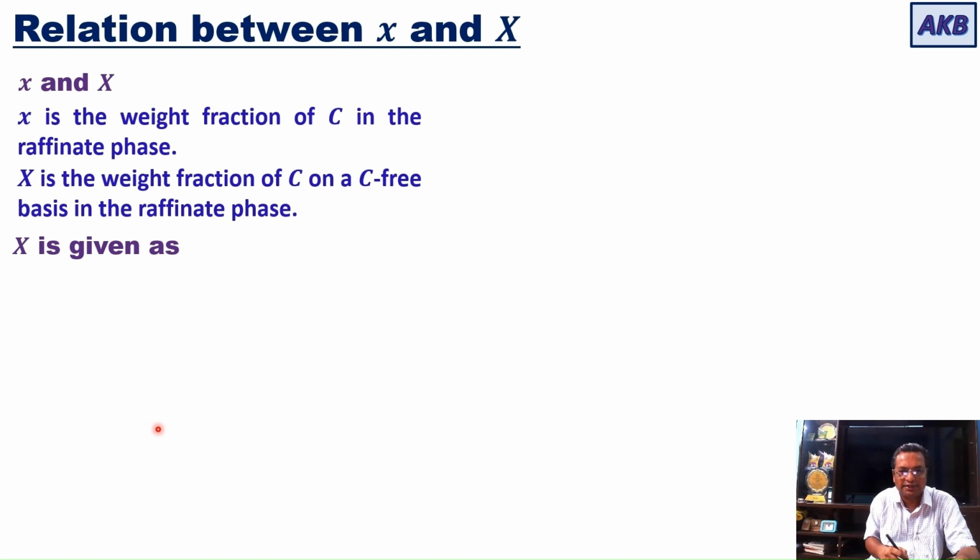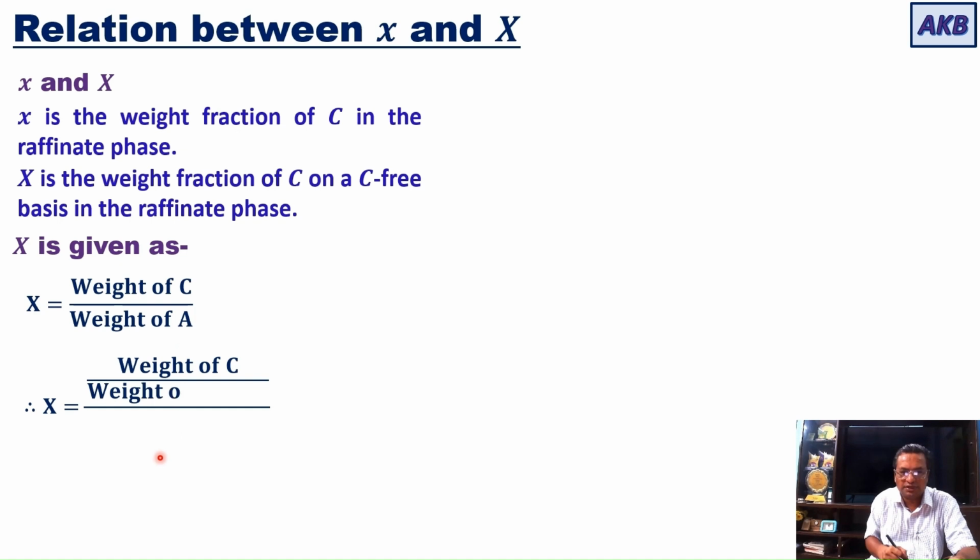So capital X is weight of C divided by weight of A. Now I will divide the numerator and denominator by the total weight of the raffinate phase. So it will be weight of C divided by weight of A plus C, because in the raffinate you have A and C, so the combined weight of A and C is the weight of the raffinate phase.